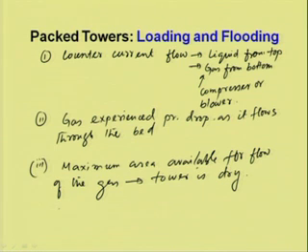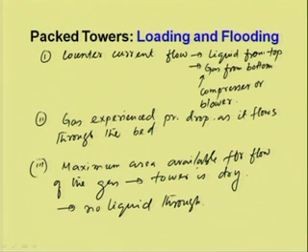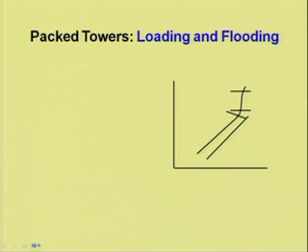That means there is no liquid throughput. In this case, if we plot log delta p versus log G dash, the pressure drop for dry bed increases linearly with the gas flow rate.